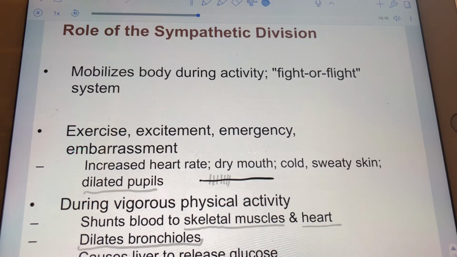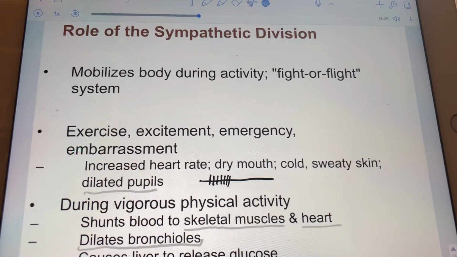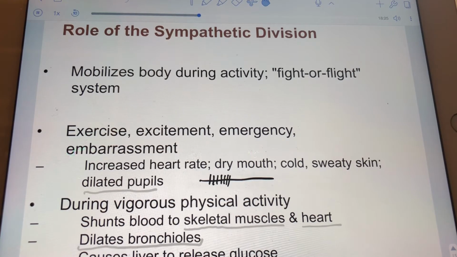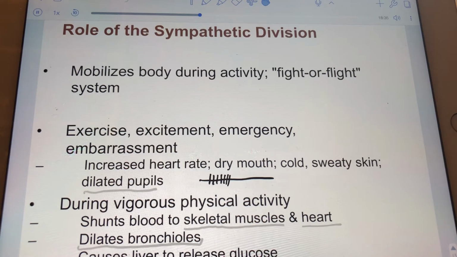Frequent action potentials to the heart to increase heart rate, force of contraction, okay? Infrequent action potentials to the digestive system. Don't be particularly active. Digestive system.